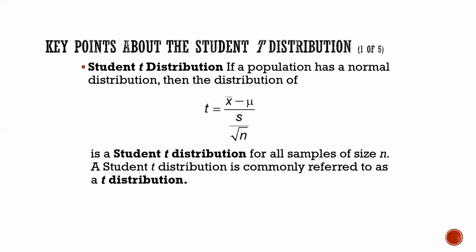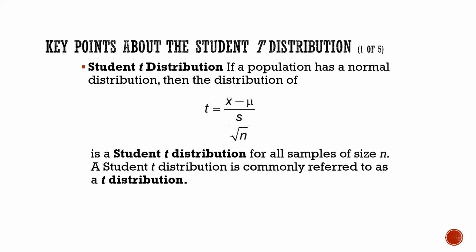Look at that formula. Yes, it's using S instead of sigma. So it's using the sample standard deviation instead of the population standard deviation. That's the big difference, and we do this because you don't have it. So this gives us a different distribution of values.